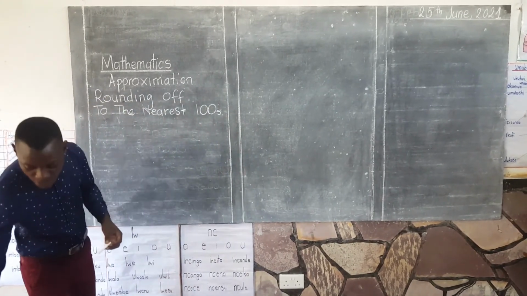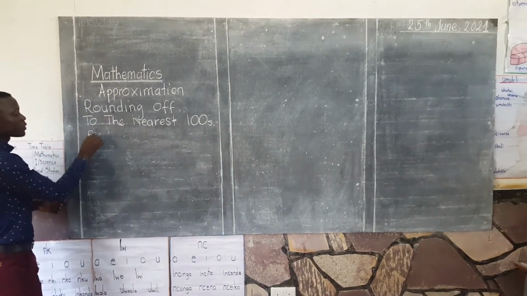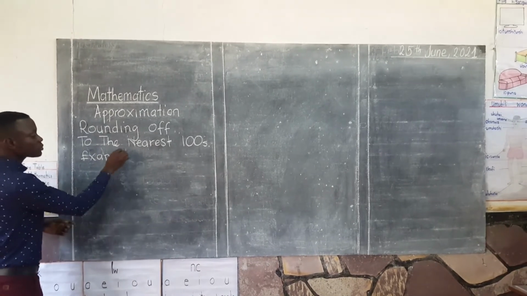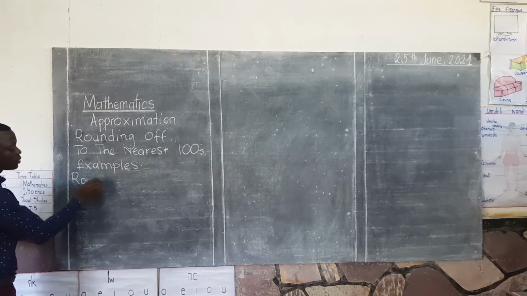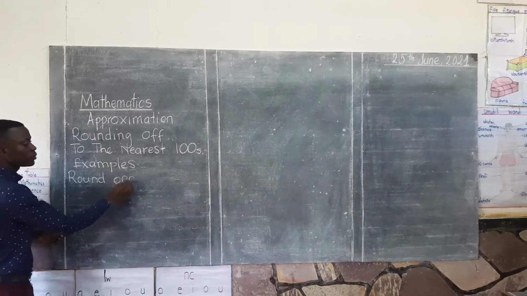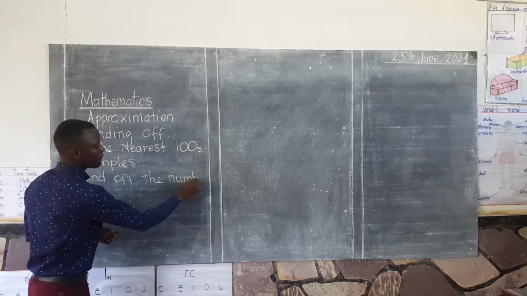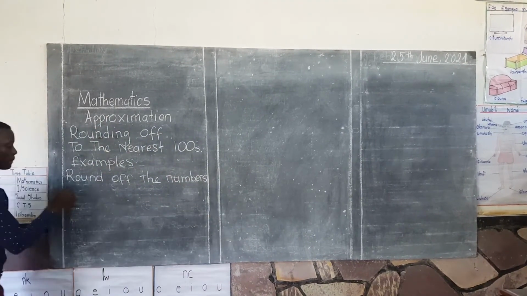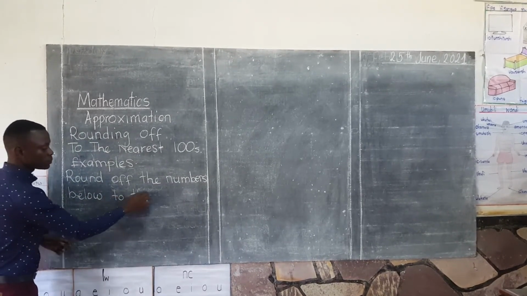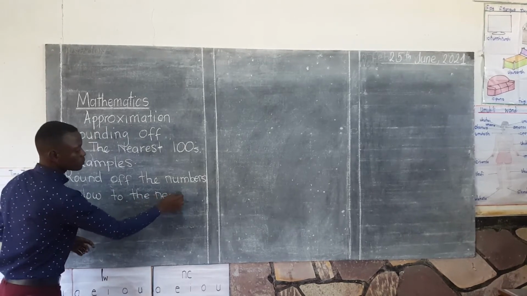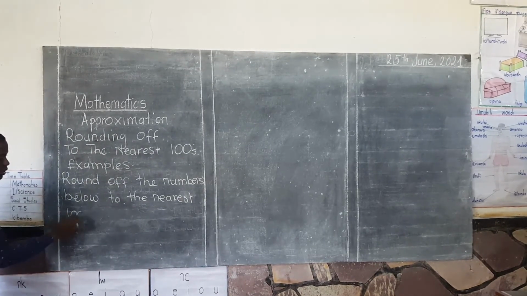So we'll have the first example. Round off the numbers below to the nearest hundreds.